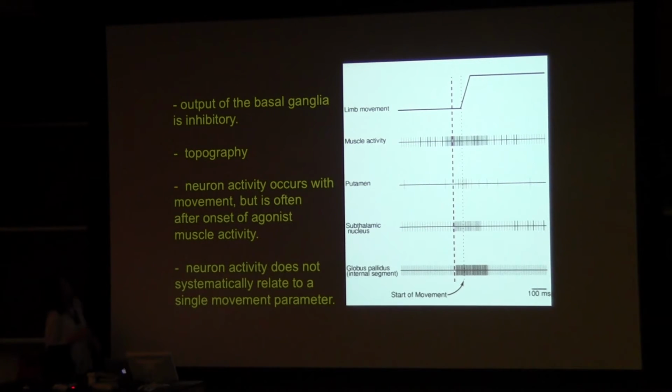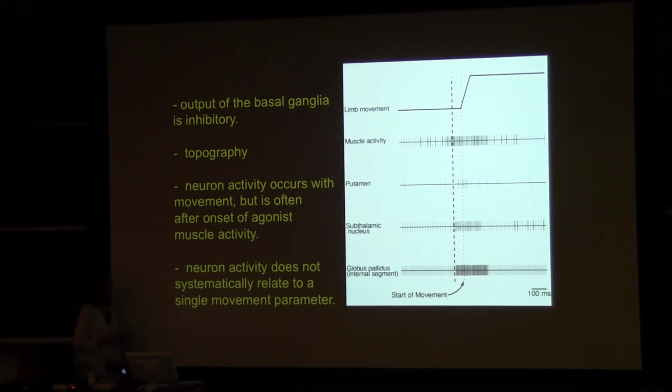Okay. Now, I'm going to contrast this to the cerebellum. The output of the cerebellum is excitatory, and it occurs before movement starts. The output of the basal ganglia is inhibitory, as I just showed you. So the output from the GPI is inhibitory. And it turns out that that inhibitory activity is a little bit late.